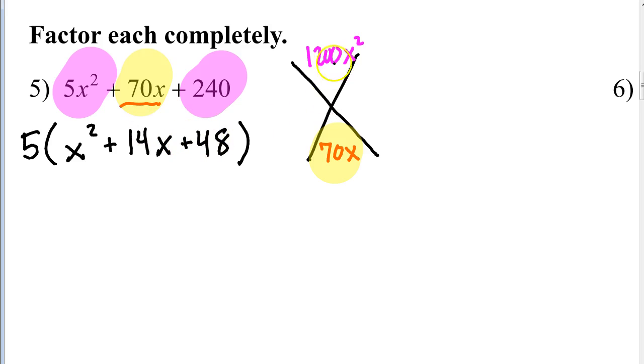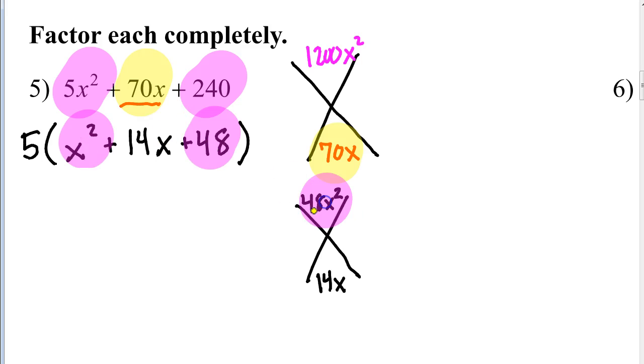So now, instead of using 1200 x squared and 70x, we only need to do 48 x squared and 14. This makes life a lot easier. It's the same decision, but getting those two numbers is going to be a lot easier.